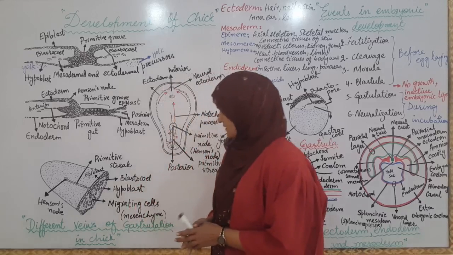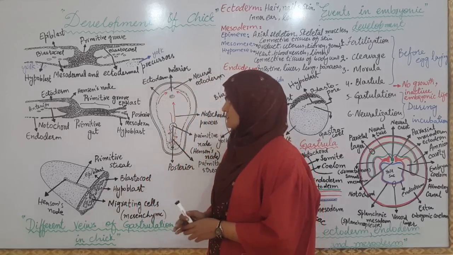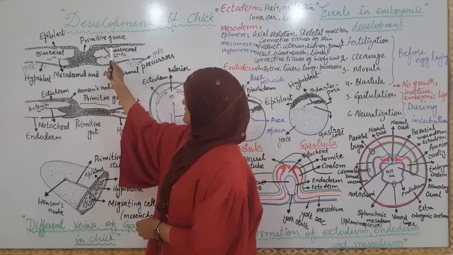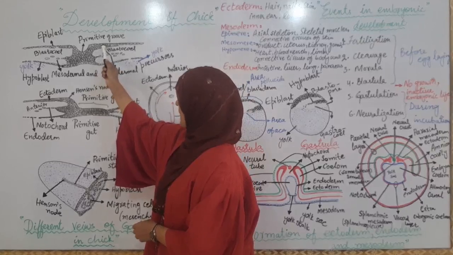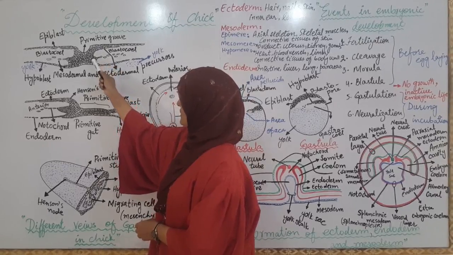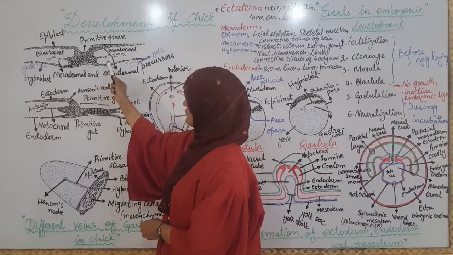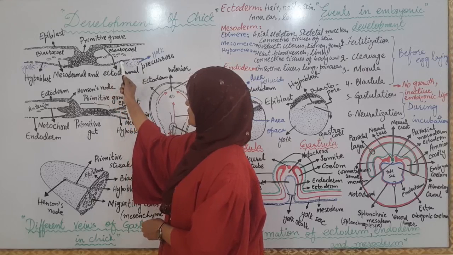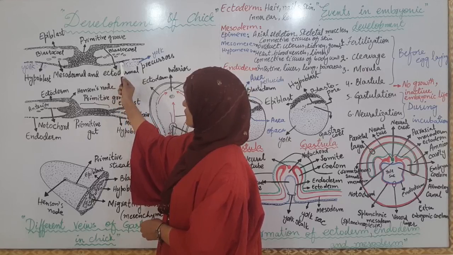Here are different views of gastrulation, in which you can see that some cells from the epiblast move downward and attach with the hypoblast, in the result of which endoderm is formed.